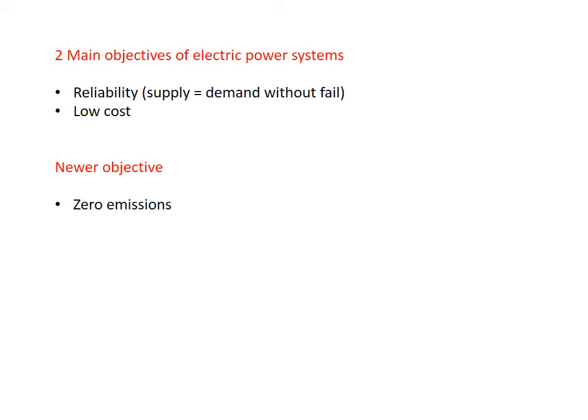And you can argue a million different ways which model is best for getting high reliability and low cost, but those are the two main objectives, and to those two objectives we've now in the last 20 or 30 years really added a third, and that is environmental sustainability, with most attention going towards making sure that the electric power sector is a low emitter or zero emitter of greenhouse gas emissions.